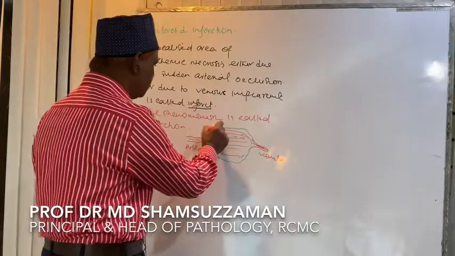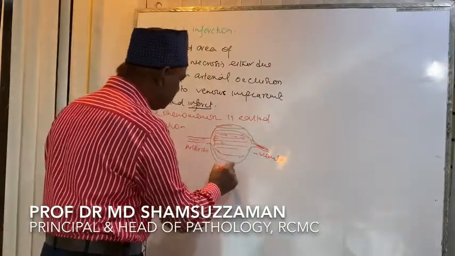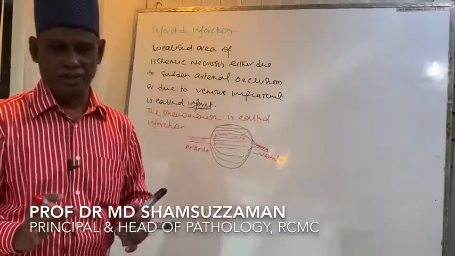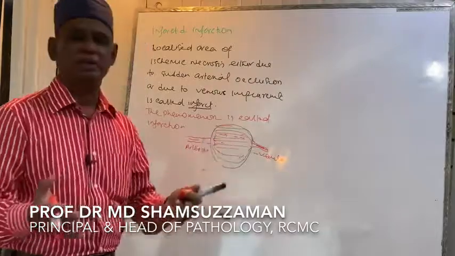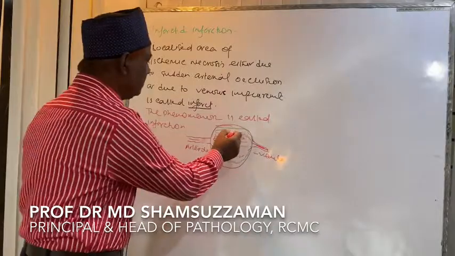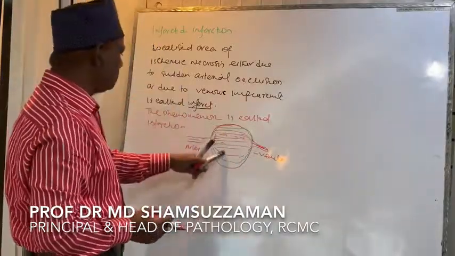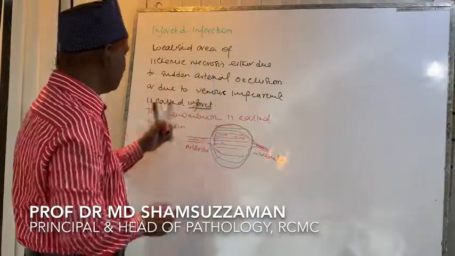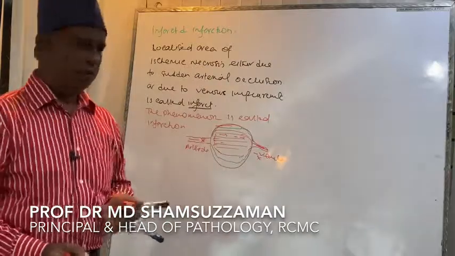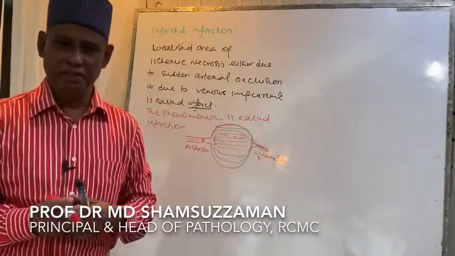Within this tissue there is blood, but the blood is deoxygenated, containing minimum oxygen. So, due to impairment of venous return, the tissue again undergoes necrosis. So, it is a localized area of ischemic necrosis either due to sudden arterial occlusion or due to impairment of venous return. This is called infarct and the phenomenon is called infarction.